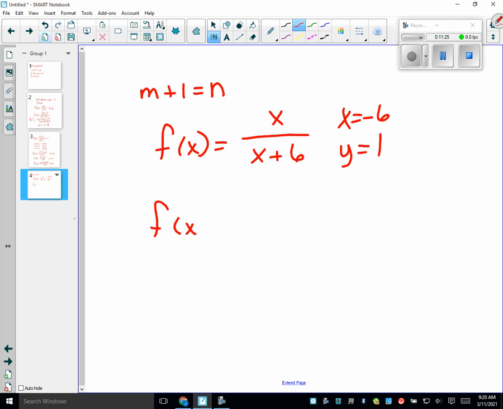For this one, is there a vertical? X equals 3. Is there a horizontal?